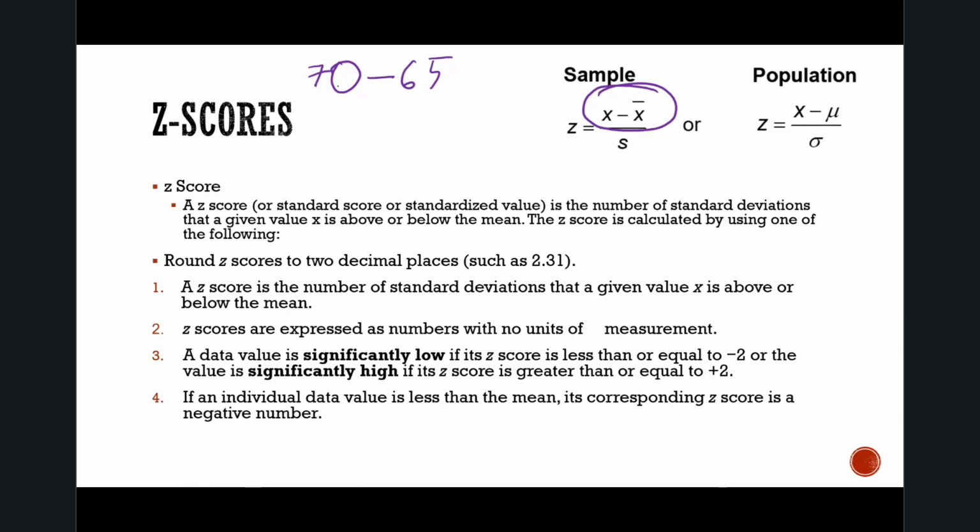And before I said, if something is 2 standard deviations above the mean, it's considered significantly high. If it's 2 standard deviations below the mean or more, significantly low. Standard deviations different from the mean is literally the z-score. So everything I said about significantly high and significantly low, you can translate into z-scores.